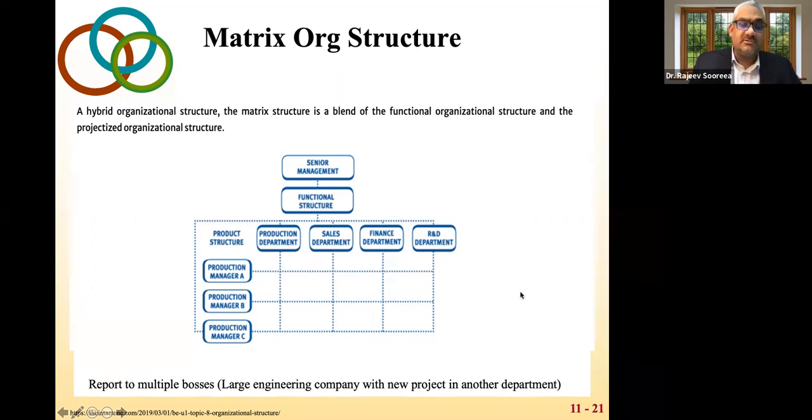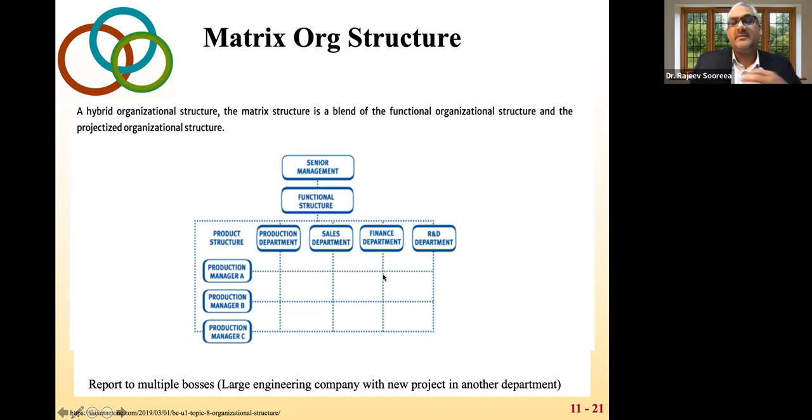So large engineering companies that get new projects, they tend to have this kind of structure, right? So a large engineering company, let's say with a new project in another department, can have a need to consult with the finance people, right? They also need to have communication with the R&D department, right?